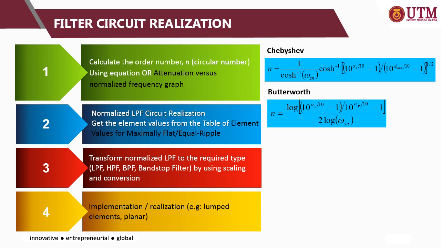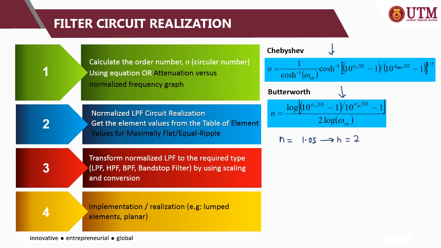Okay, I believe in signal and system you have seen these two equations to calculate the Chebyshev and Butterworth filter order number. So in which once you get the n, you should round it up to the next higher whole number. Okay, if for example 1.05, then your n should be equal to 2.